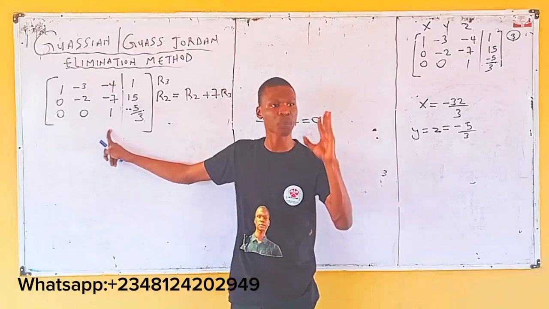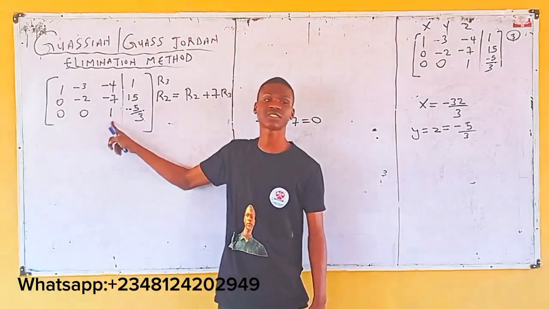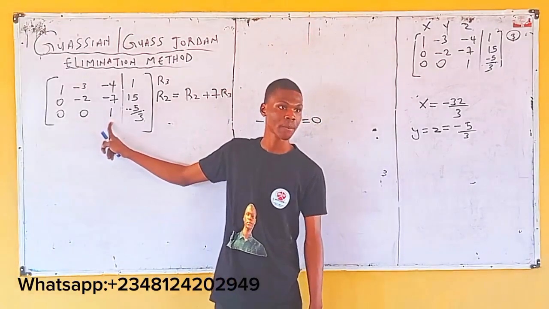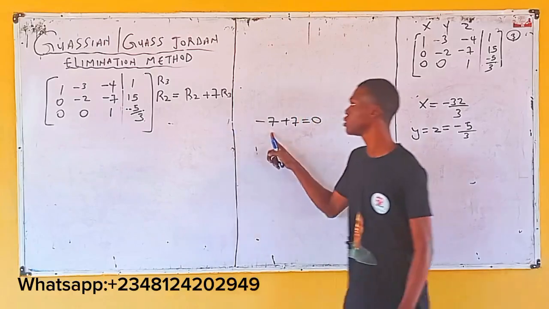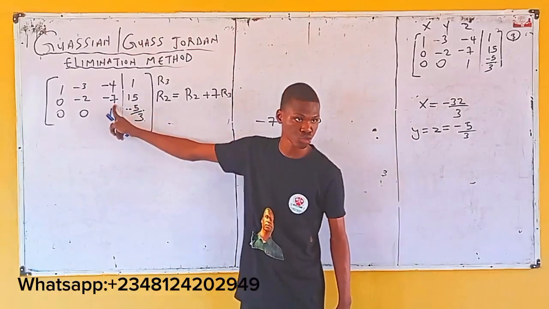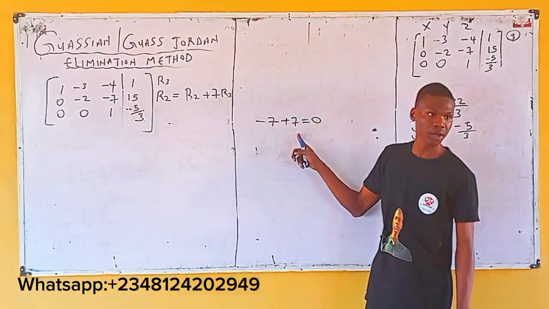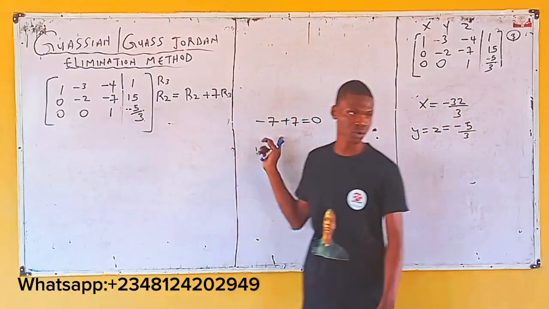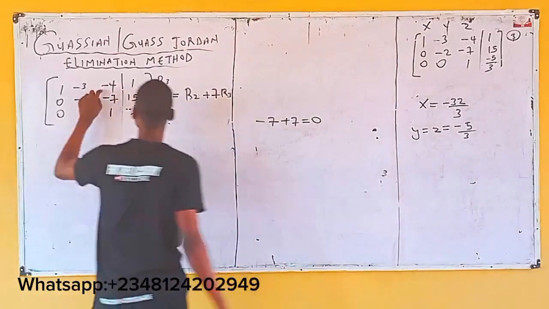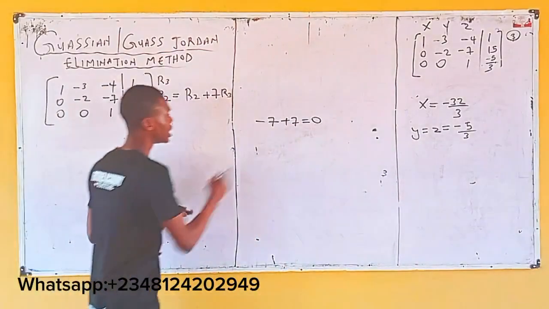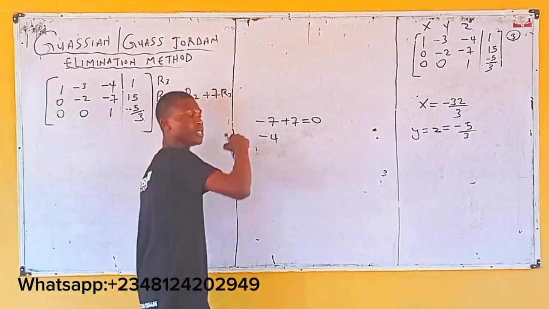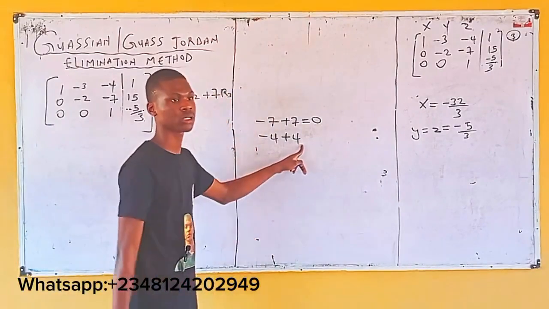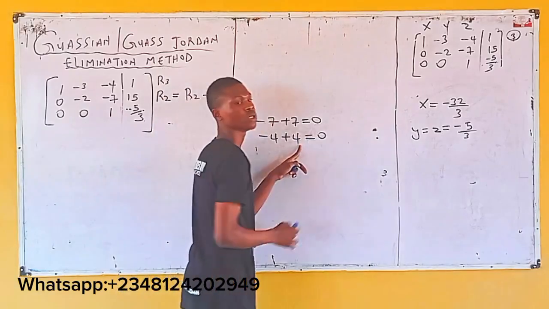Since I already know that I need positive 7, I can multiply positive 7 with this one, to the third row. Meaning that negative 7, which is what I have here on row 2, plus 7 times 1 gives 0. Similarly, if you change this negative 4 to 0, the negative 4 that I have here plus 4 times 1 is equal to 0.